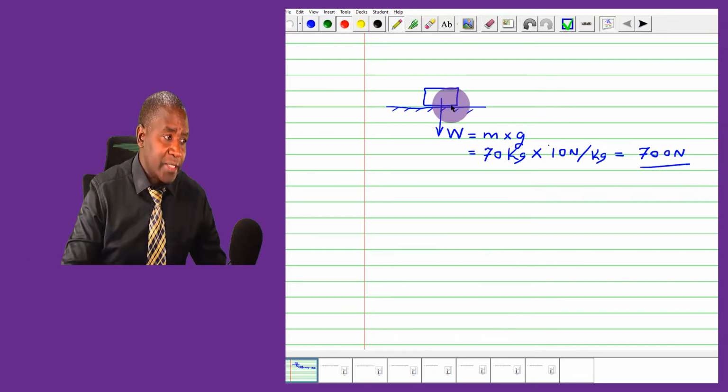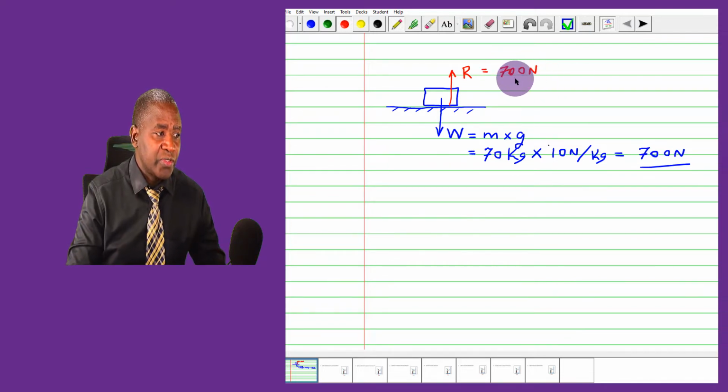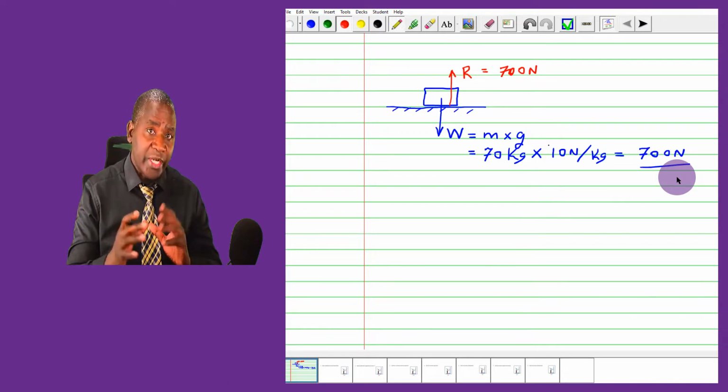On the other hand, the surface of that balance is exerting an upward force R on the person, and that force will be equal to 700 newtons if the object is stationary.